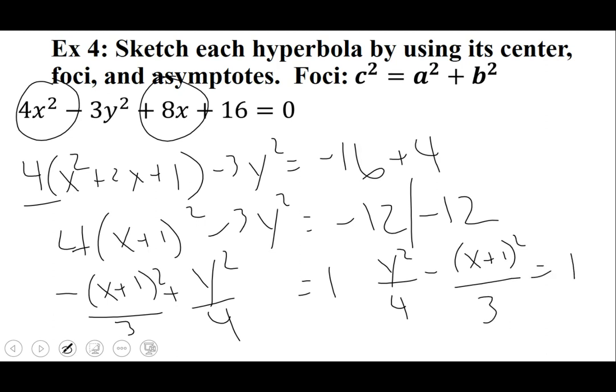And you have to realize that, again, whatever is positive, so in this case, positive y, that's how you know that the graph is going to open up and down. So don't make any decisions about your hyperbola or about any of these conics until you have it in the appropriate format.